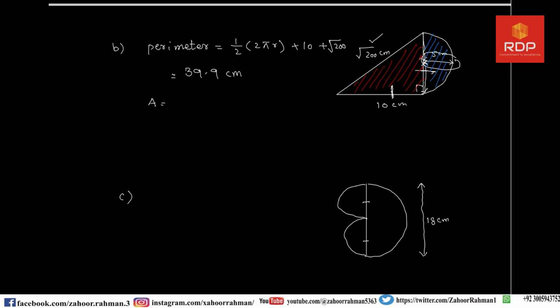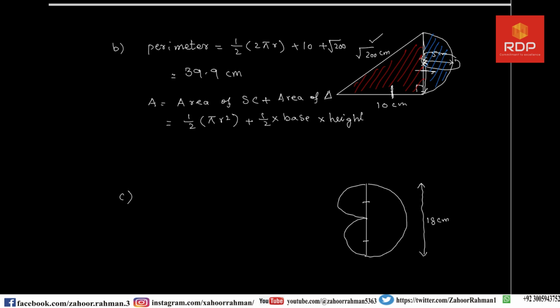So let us talk about the area of the semicircle plus area of triangle. Area of semicircle is 1 over 2 pi r square plus 1 over 2 into base into height.